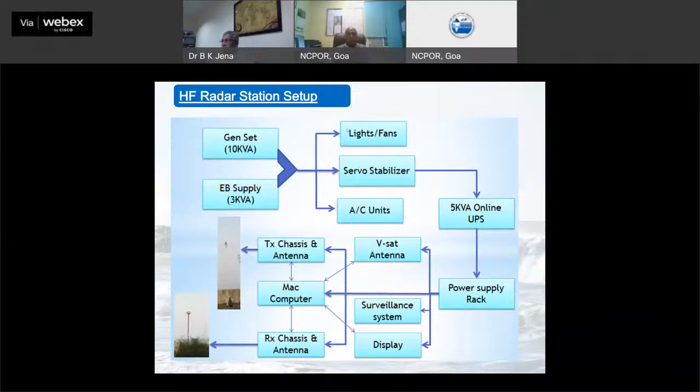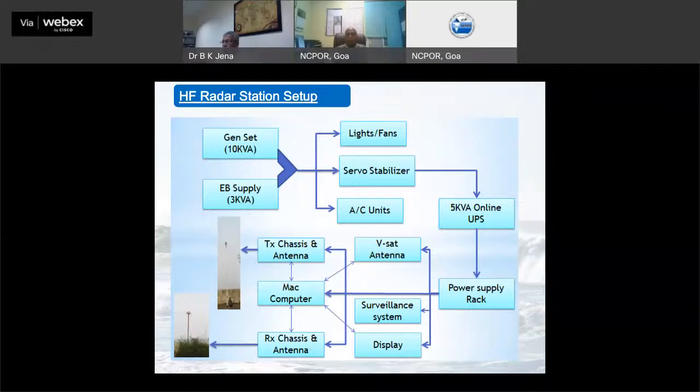Then we have some temporary sites as well as some permanent sites. That power is given to all these units. Then we kept a UPS system, after which we give power to the racks, and those racks have the RX chassis, then the computer, then the TX chassis.